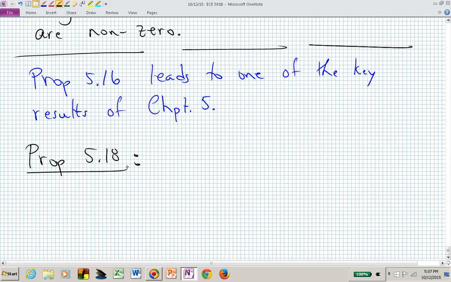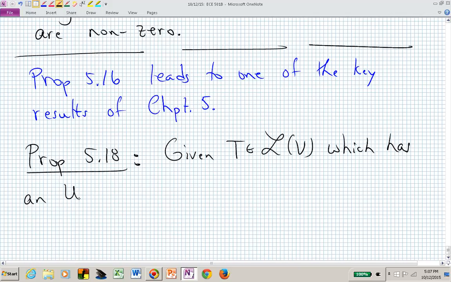Which is proposition 5.18. Suppose we're given a linear map or a linear operator T on V, which has an upper triangular representation on some basis.